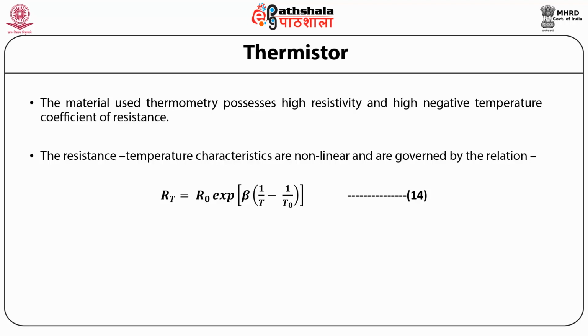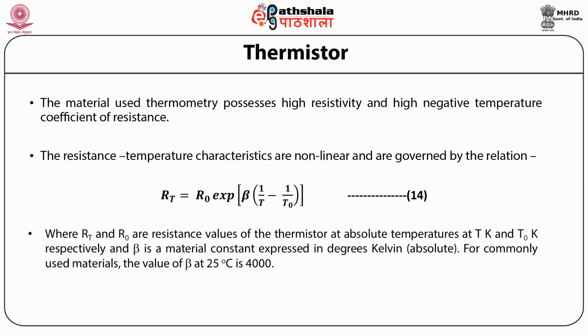This is equation 14, where RT and R0 are resistance values of the thermistor at absolute temperatures T Kelvin and T0 Kelvin respectively, and β is the material constant expressed in degrees Kelvin. For commonly used material, the value of β at 25 degrees is 4000.